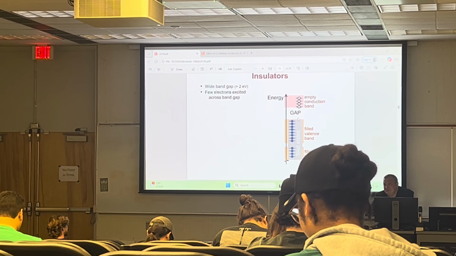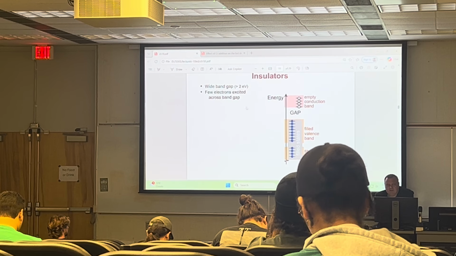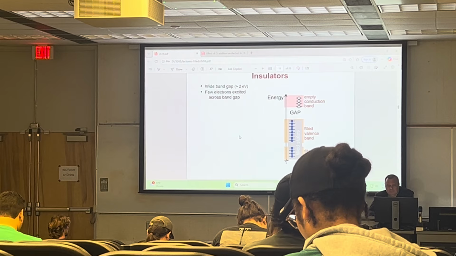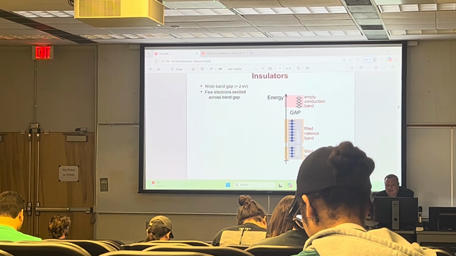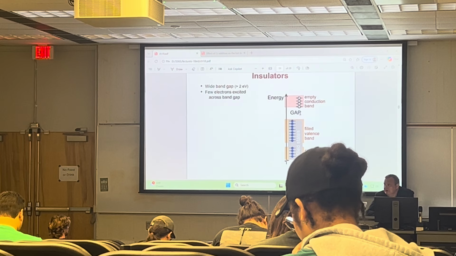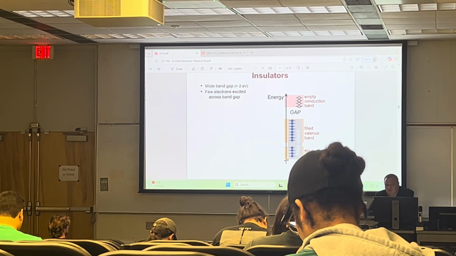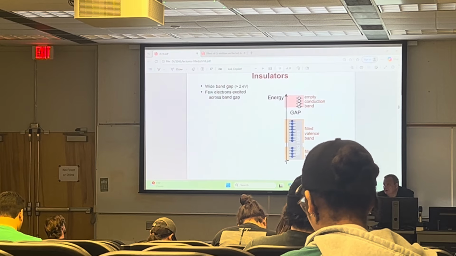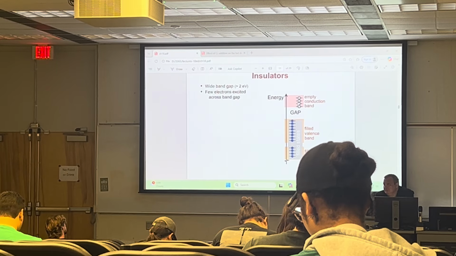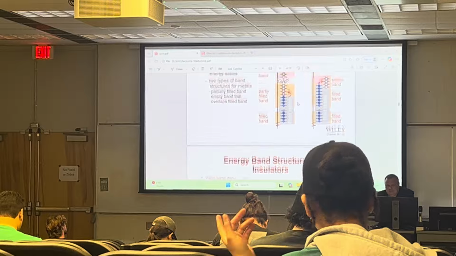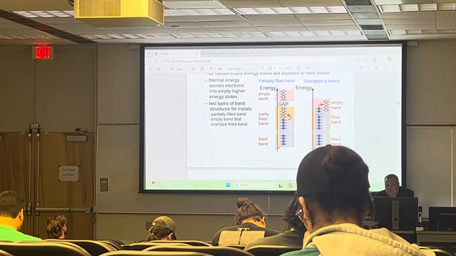Okay, and wide is how much? It means that it's greater than 2 electron volts. And that means that only a few electrons can be excited to go there into the conduction band or the empty band. Okay? So this is the difference.